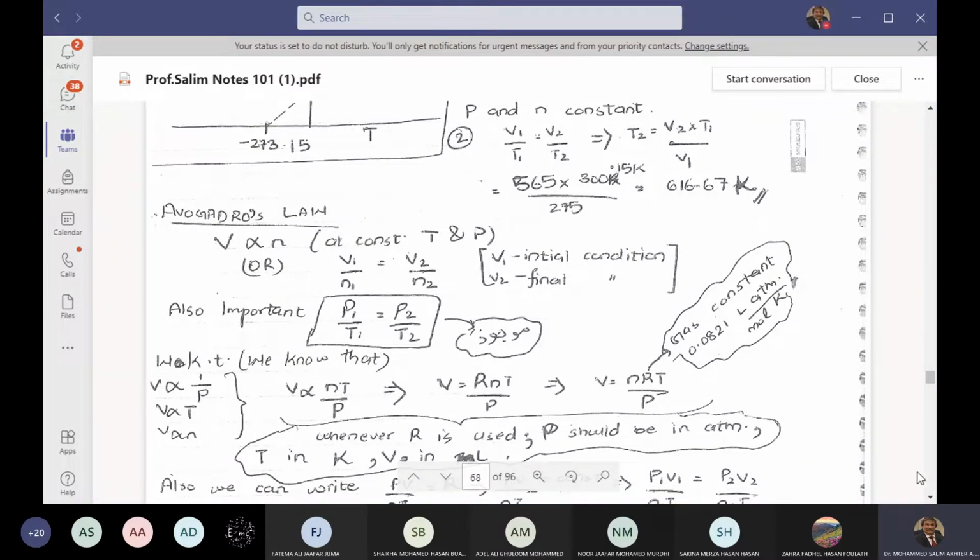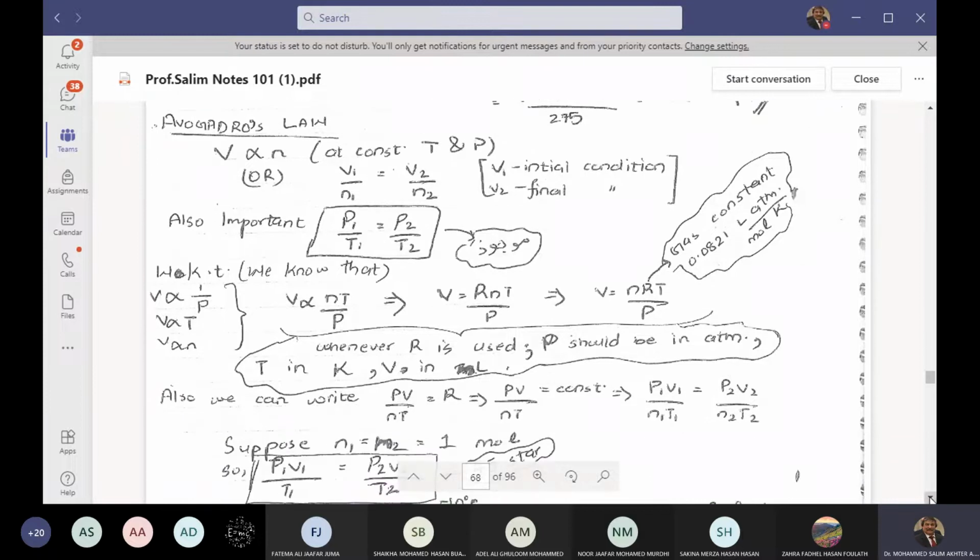Then, my friend, with the help of the first three laws, V is proportional to 1 over P, V is proportional to T, and V is proportional to N, we can write it down in a combined form.